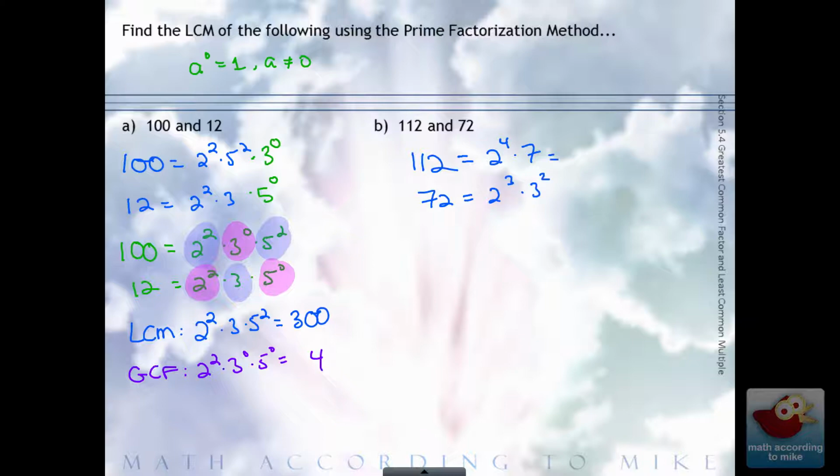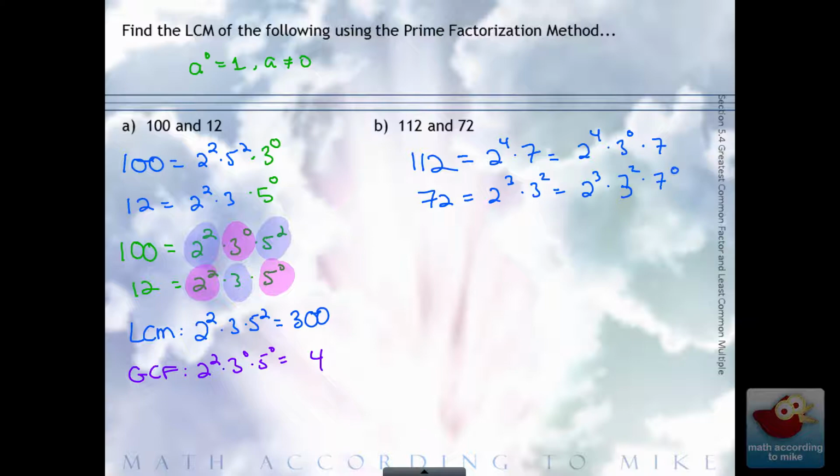So to make them have common primes, I'm going to put in a gap of 3 to the 0 for the 112 number. And I'm going to put a gap of 7 to the 0 into the 72.